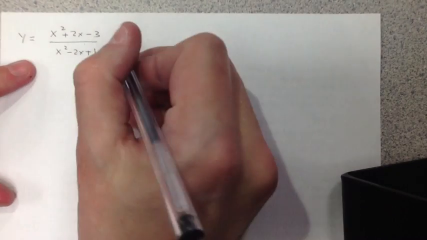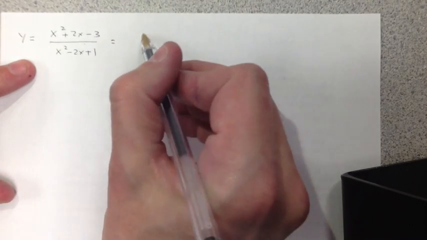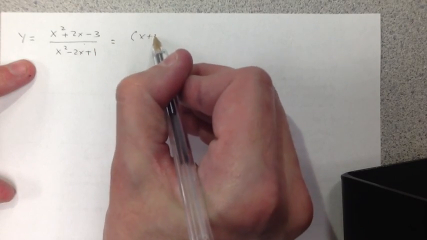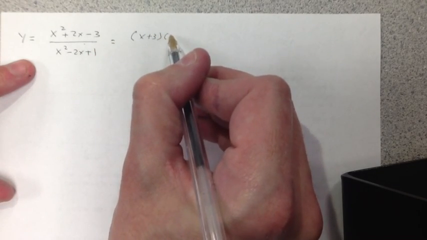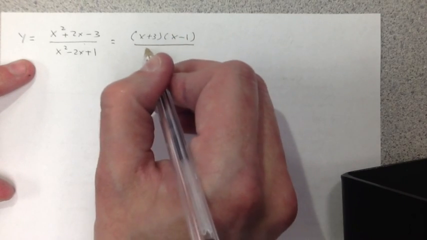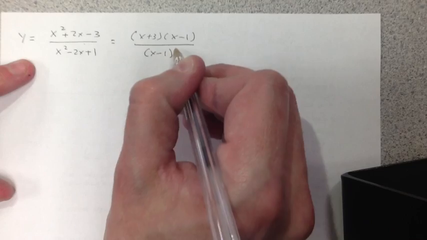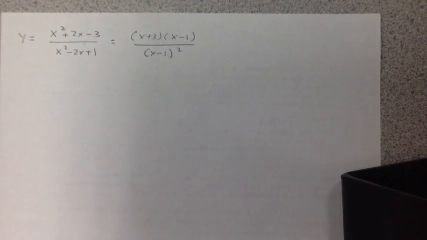Now, with these problems, you want to factor them. We need to factor this. If I factor the top, very easy to do. We get x plus 3 times x minus 1. And if I factor the bottom, I'm going to get x minus 1 squared. And you can verify that if you need to.